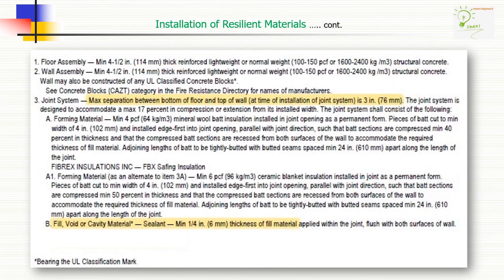Here is the detailed specification pertaining to floor assembly, wall assembly, joint systems, forming materials, along with fill, void, or cavity materials.